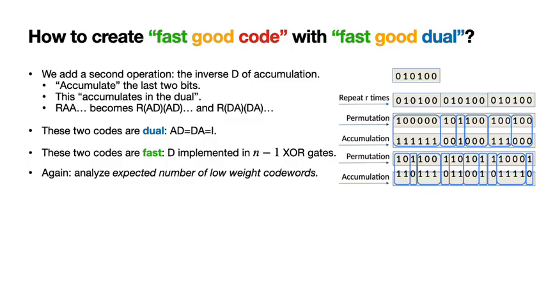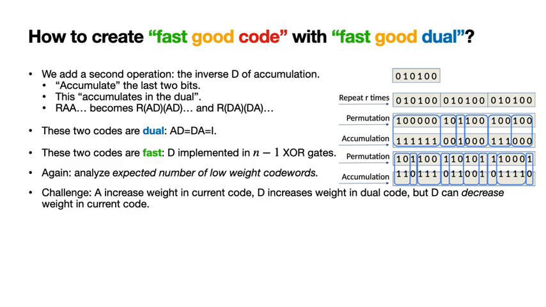To analyze these codes, we took the same approach as for the repeat accumulate codes. We analyzed the expected number of low-weight code words, which again, by Markov's inequality, is the direct upper bound on the error probability, the probability that you sample permutations generating a bad code. Now the challenge here is that while the accumulator is known to increase the weight in your current code, and D increases the weight in your dual code, applying the D matrix in your current code can actually decrease the weight very much.